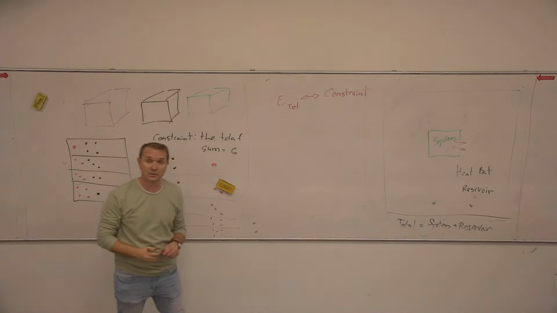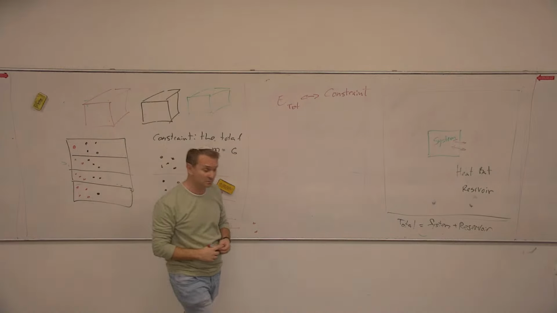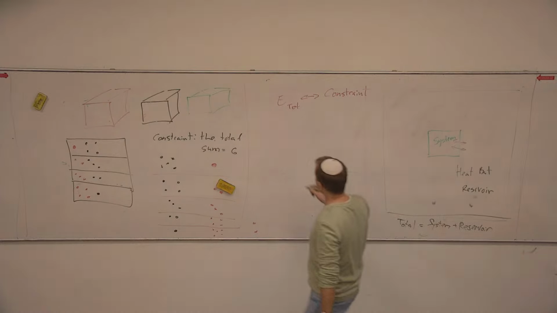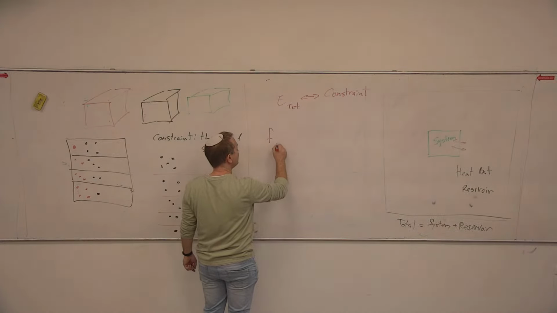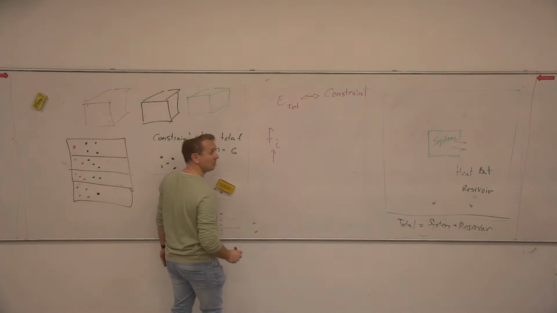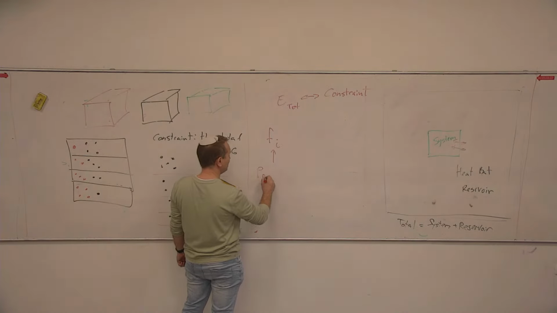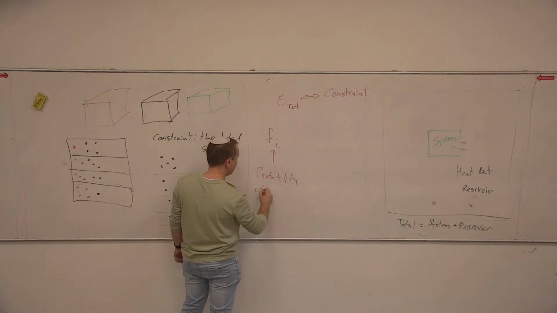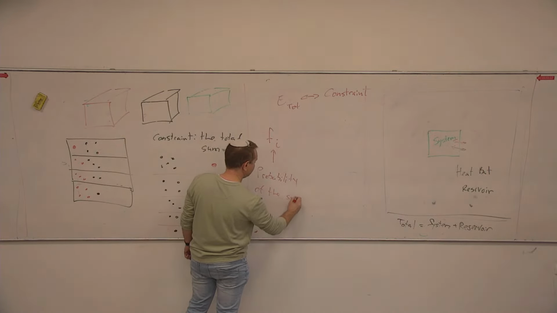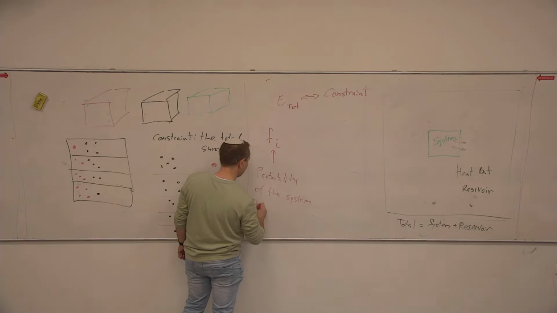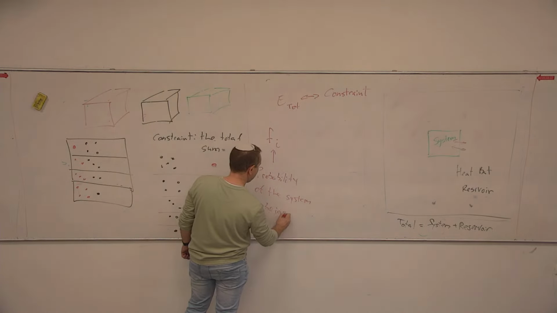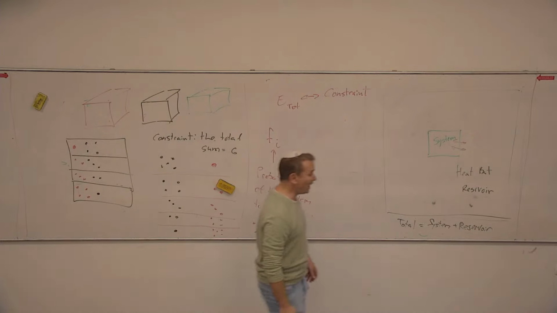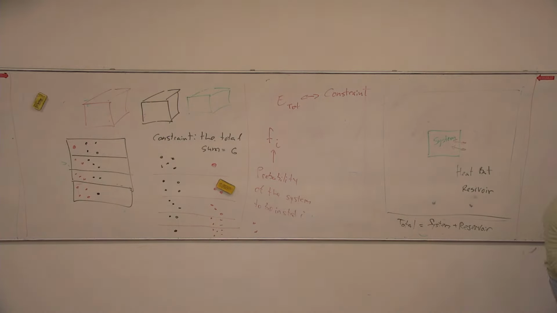You assume that everything is homogeneous, and you ask the following question. What is P_i? P_i is the probability of the system to be in state i. So this is a single state, right?